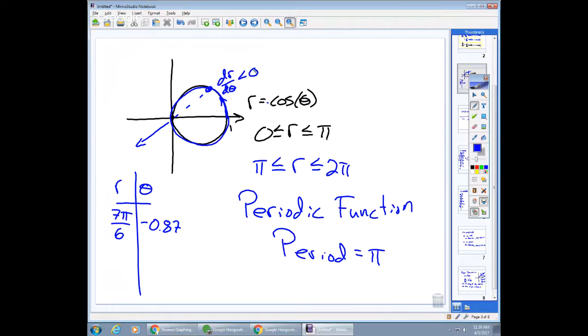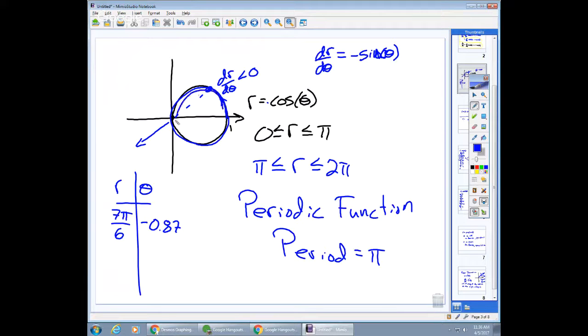Okay, let's double check that. What's the derivative of the cosine of theta? It's negative sine, right? So dr d theta in this example is the opposite of the sine of theta. If you think about the sine of theta, it is positive from 0 to pi, right? And what were our radii doing here? Well, my radii went from 1 to 0, and then it kept getting more and more negative.